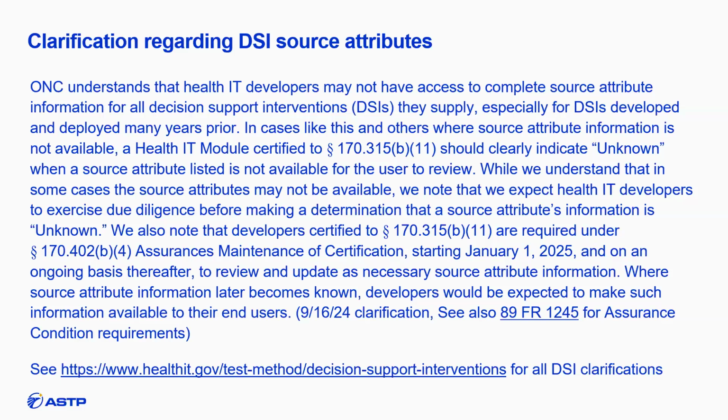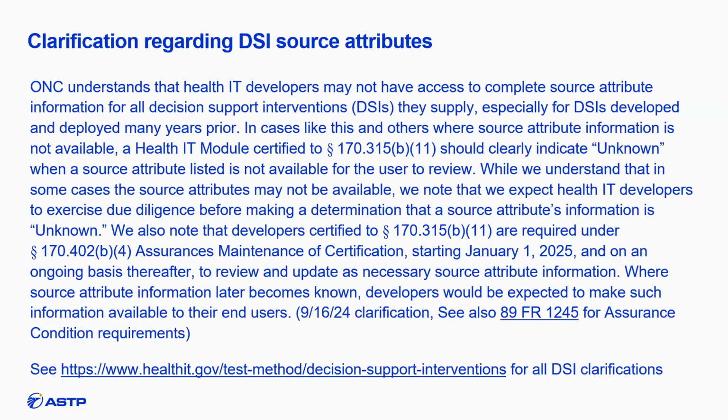While we understand that in some cases the source attributes may not be available, we note that we expect health IT developers to exercise due diligence before making a determination that source attributes information is unknown. We also note that developers of certified health IT that have modules certified to B11 are required under the assurances and maintenance of certification requirement at 170.402(b)(4) that starting January 1st, 2025, and on an ongoing basis thereafter, developers need to review and update as necessary source attribute information.